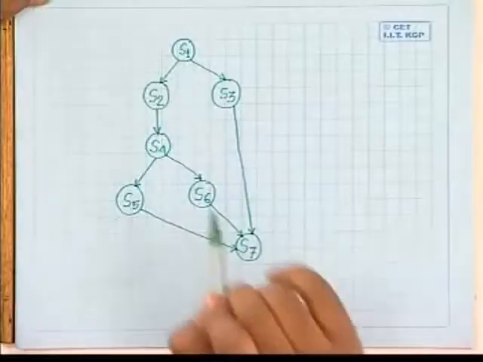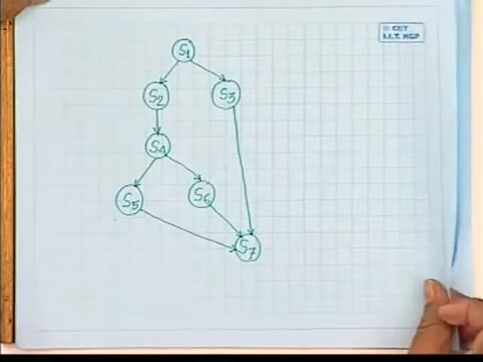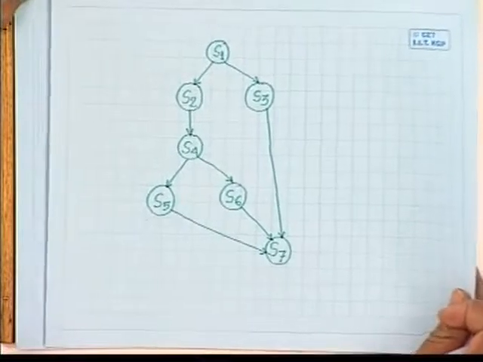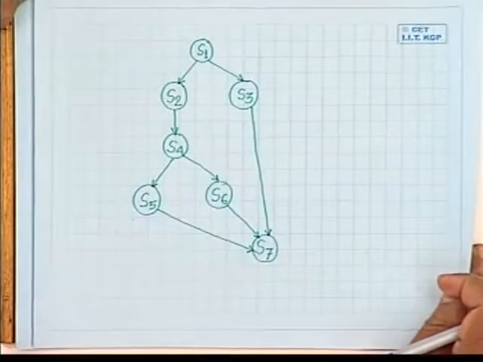Now, given such a precedence graph, let us see how we can write code for execution of this precedence graph, making use of concurrency as far as possible. So we have to write our code like this: the first statement that has to be executed is statement S1.